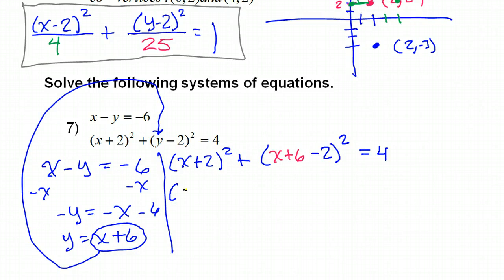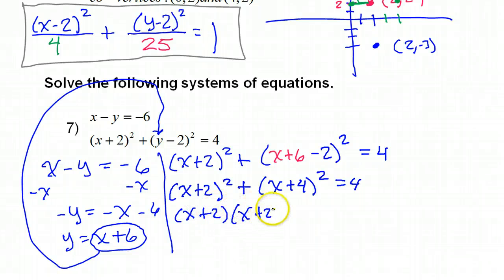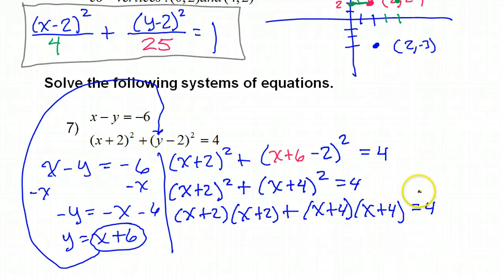Okay, so this is going to quickly become x plus 2 squared plus x plus 4 squared, right? Because -6 plus 2 is 4. Now, we're going to have to multiply all this out. So I'm going to have x plus 2 times x plus 2 plus x plus 4 times x plus 4 equals 4.